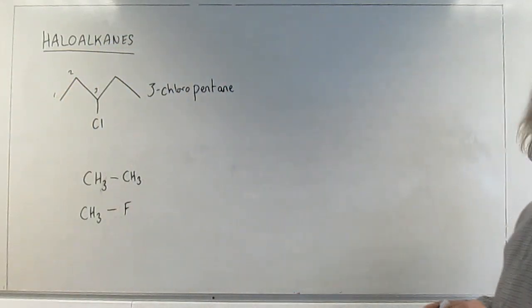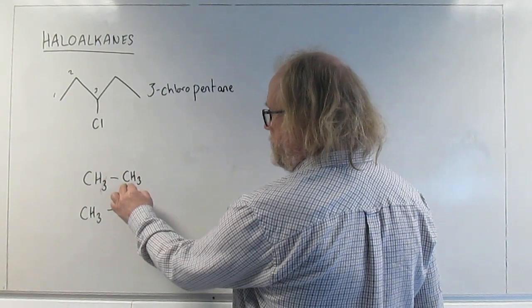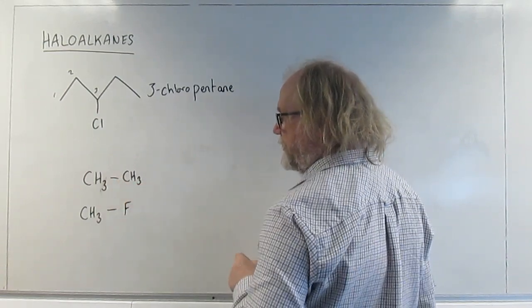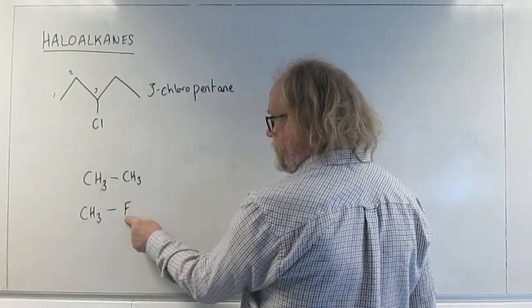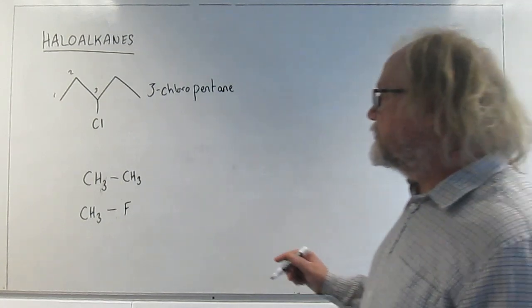Those are similar in the sense that they're a very similar size. You can see the total number of electrons in the molecule is the same for both. You've got 6 for the carbon and 3 for the hydrogens, which takes you to 9, which is the same as the 9 in the fluorine. So those are molecules that are directly comparable in terms of the numbers of electrons.